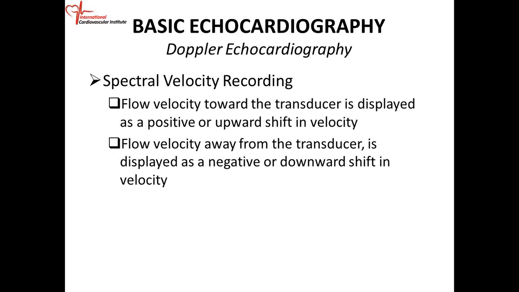The flow velocity away from the transducer is displayed as a negative or downward shift in the velocity. It's going to be below the baseline. So blood flowing towards the transducer is above the baseline and positive. Blood flowing away from the transducer is going to be negative or below the baseline.